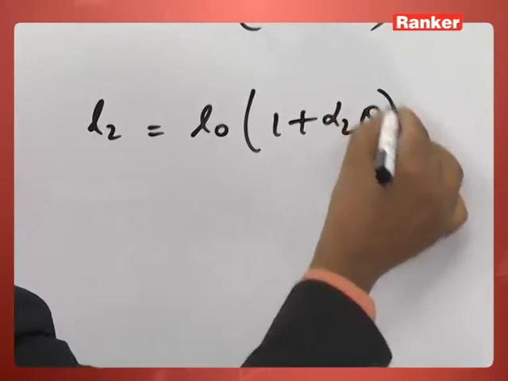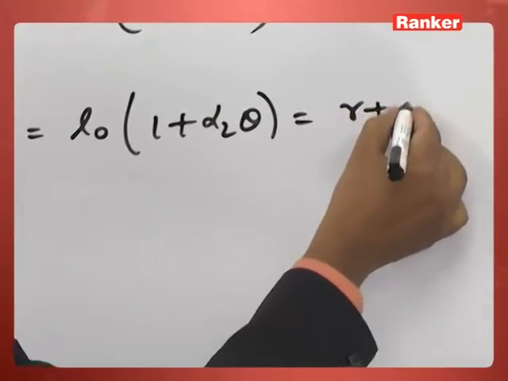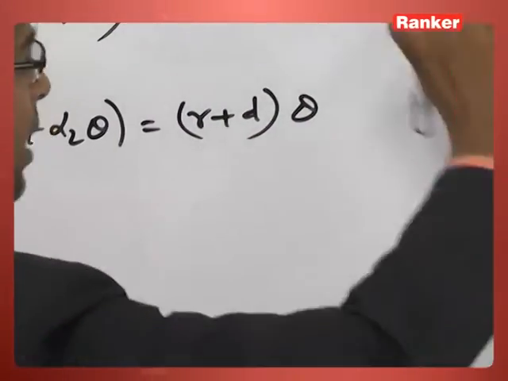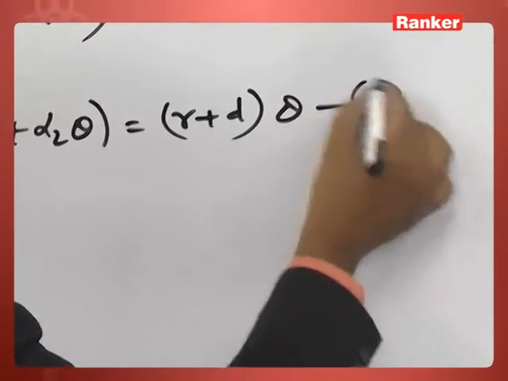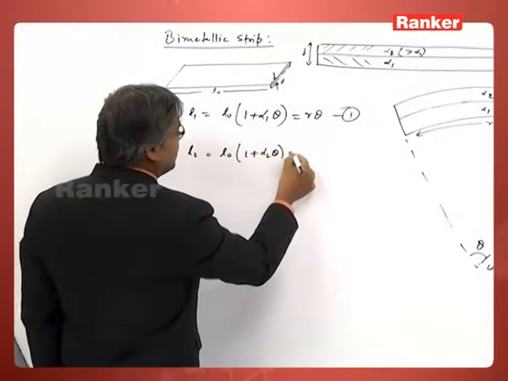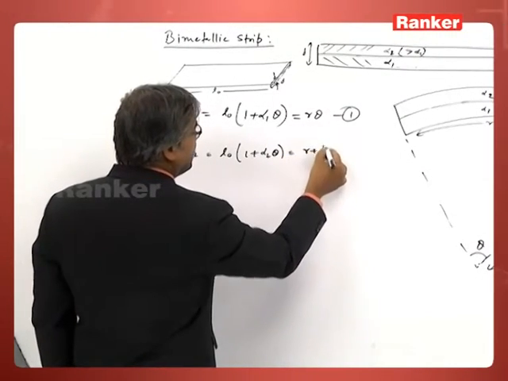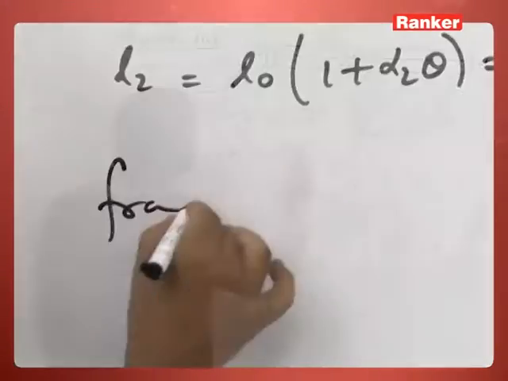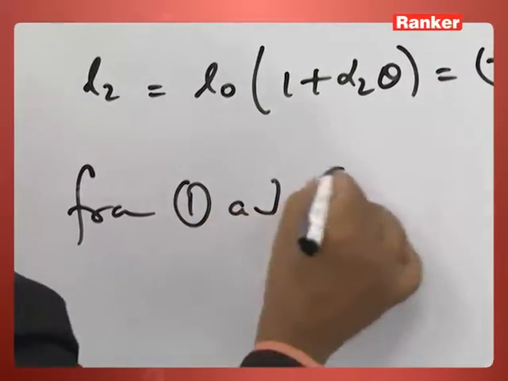Now, what will be the outer length? L2 will become L naught times 1 plus alpha 2 theta, and that will be equal to r plus d times theta, so that d is added to the r. This is equation number 2.